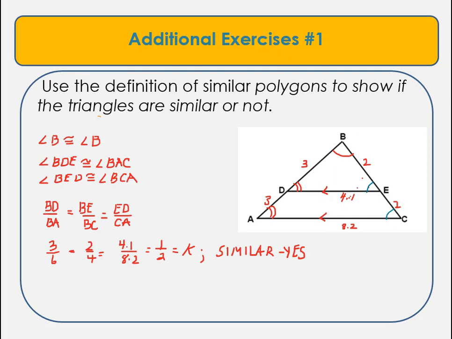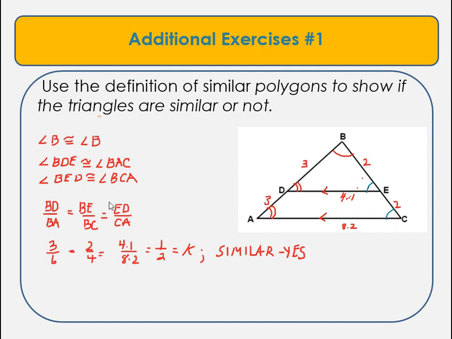So let's set up an expanded proportion for the sides, using the smaller triangle on top and the larger triangle on the bottom.